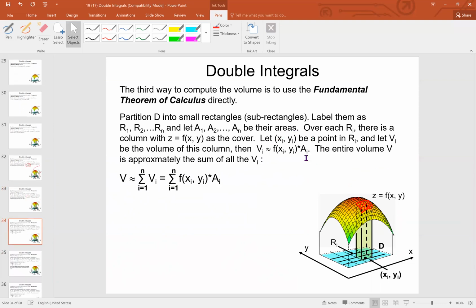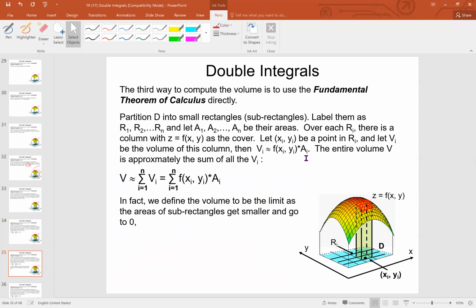I add all those V_i's together for each subrectangle. Then I let the area of each subrectangle become smaller and smaller, going to 0. If the limit exists, then I call that limit the volume.